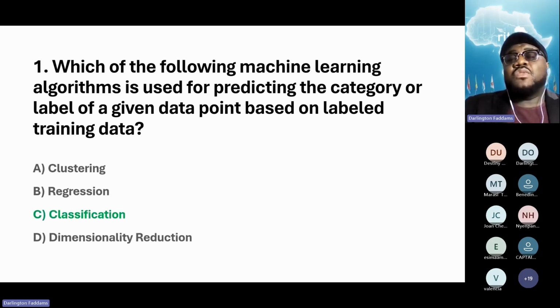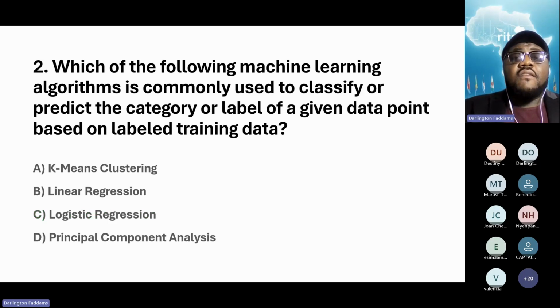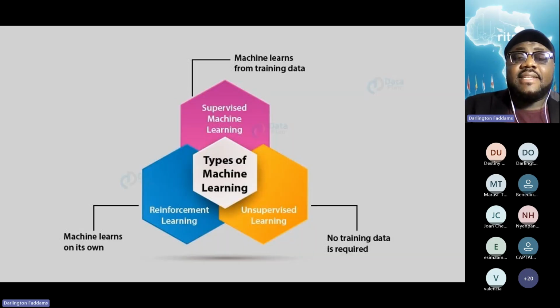Over here, we wanted you to remember the word classification, because we are talking about predicting the category with labeled data, or supervised learning. We wanted you to choose an algorithm that can be used for classification, and the algorithm for supervised learning classification is logistic regression.